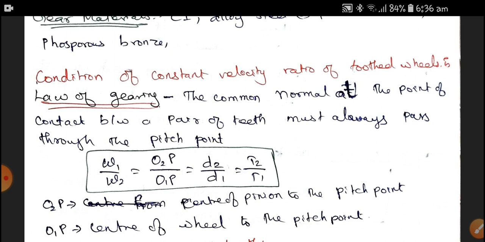So omega 1 by omega 2 is equal to O2P divided by O1P, that is equal to D2 by D1, that is equal to T2 by T1. Here O2P is from the center of the pinion to the pitch point, and O1P is from the center of the wheel to the pitch point. We are just measuring from the center.